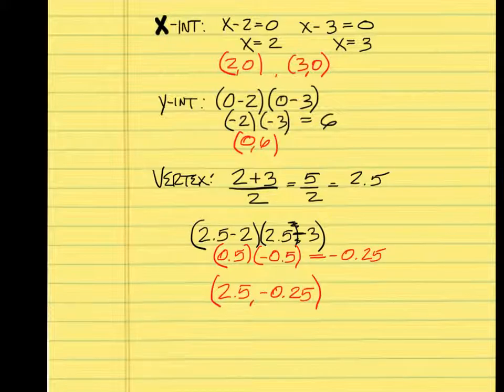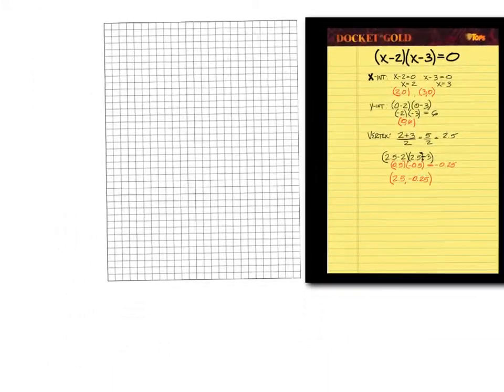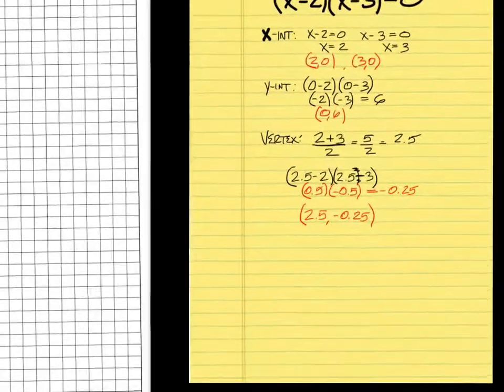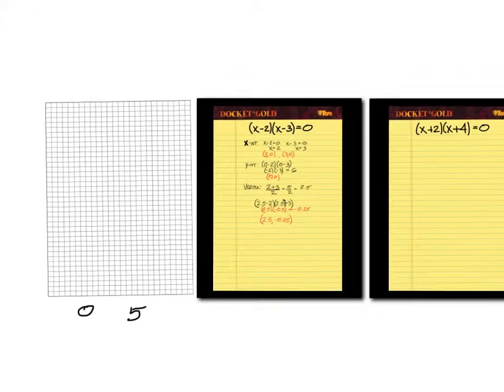No. So we'll just go from 0 to 5, and then for our y-axis, we have a 6 in there. Is there anything higher than 6 for the y? What's the lowest for the y? Negative 0.25. Okay, so we're going to go from 0 to 5 on the x. We'll come over here and make note of that. 0 to 5 on the x, and then for the y, looks like we have to go up to 6 and down to negative 0.25.